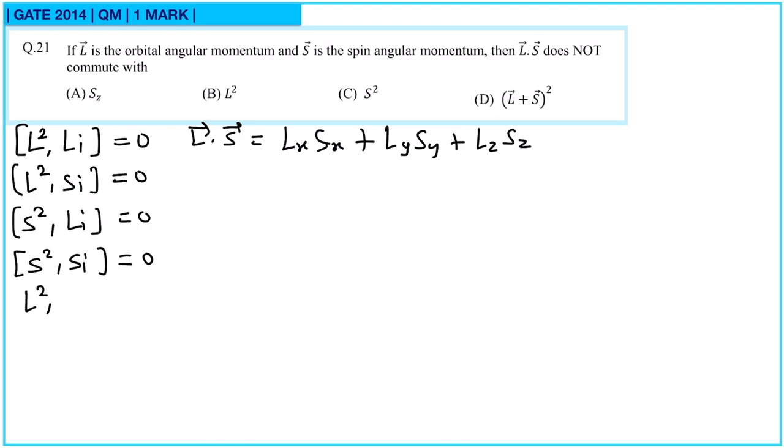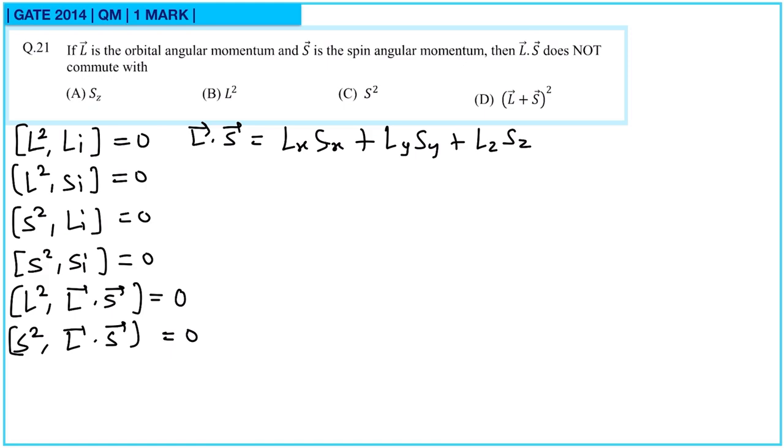Now if we consider L square and L dot S, we can expand it using multiplication rules, and since all these terms are equal to 0, this will also be 0. And also S square with L dot S will be 0.